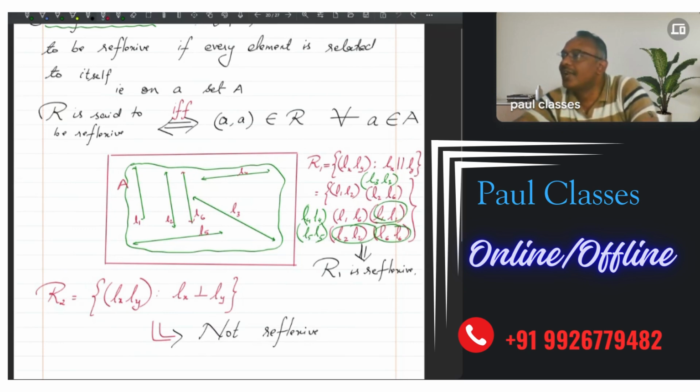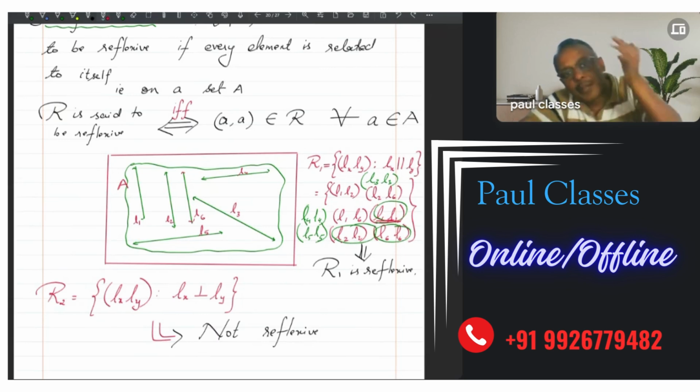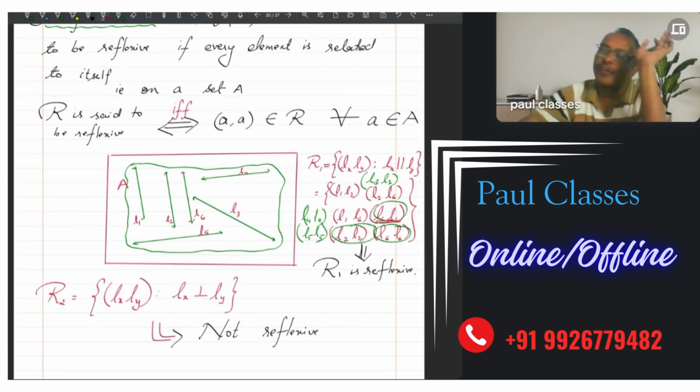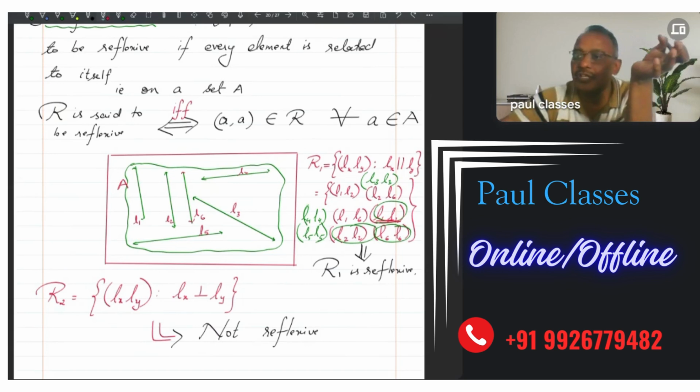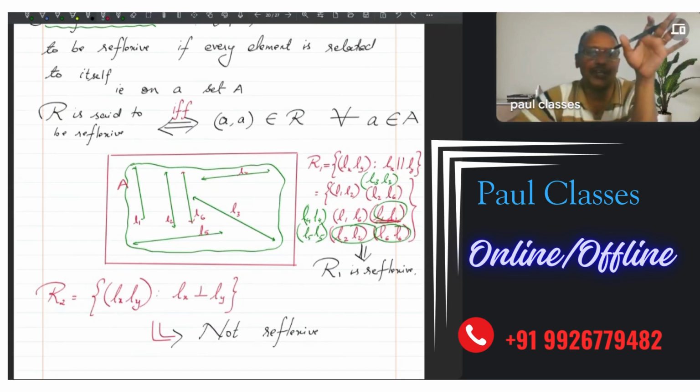This relation R1 will have (L1, L1), (L2, L2), (L6, L6), (L4, L4), (L5, L5). All the lines are parallel to themselves. Since each is parallel to itself, we call this type of relation a reflexive relation.